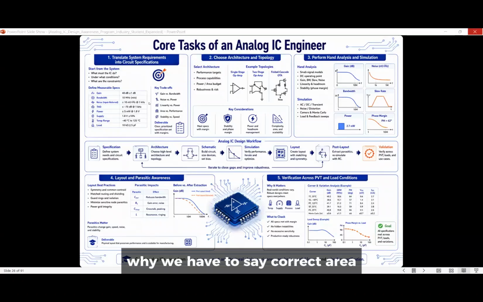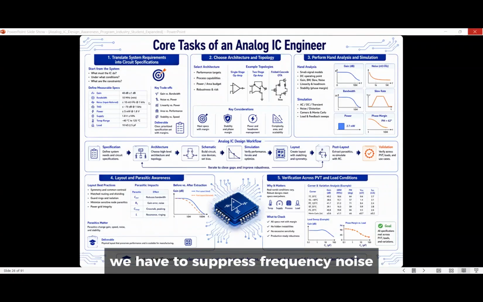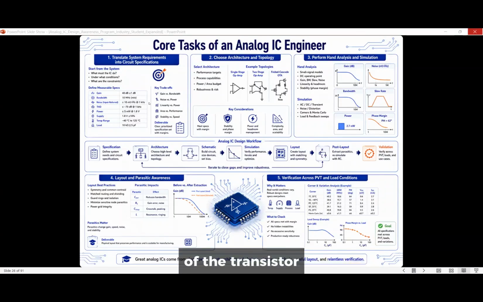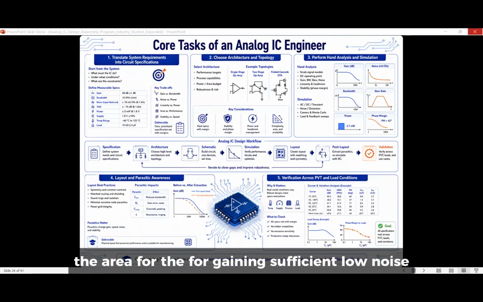Why do we have to sacrifice area? Because we have to suppress flicker noise. The flicker noise is inversely proportional to the size of the transistor, so we have to sacrifice the area for gaining sufficiently low noise.